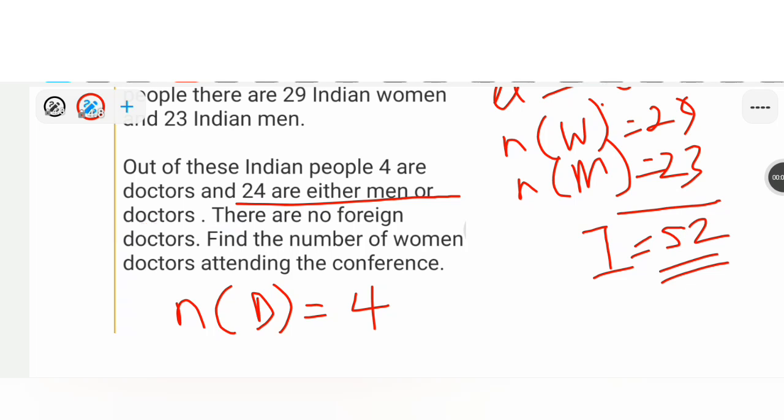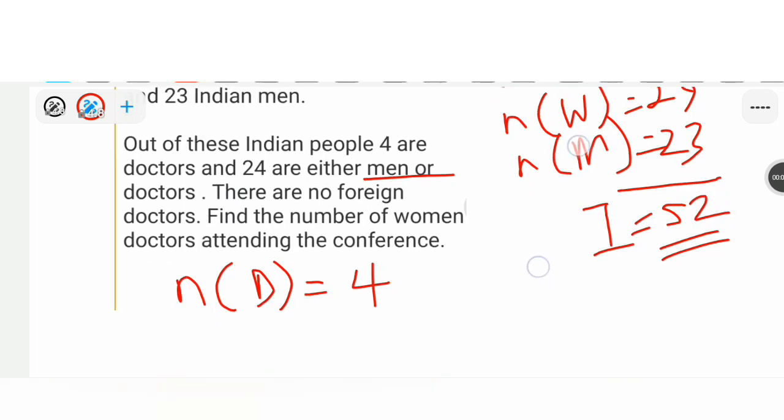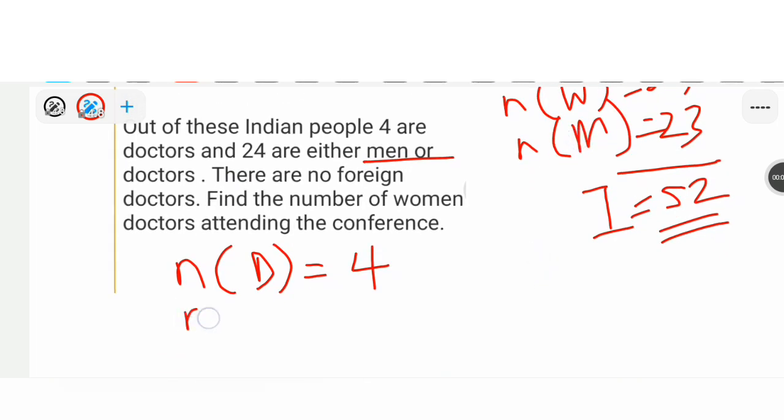Or in set stands for union. So we have men M and doctors D combined together. So you just have 2 sets there, so you can apply your set theory theorem. You can see that N of doctor union men is 24.